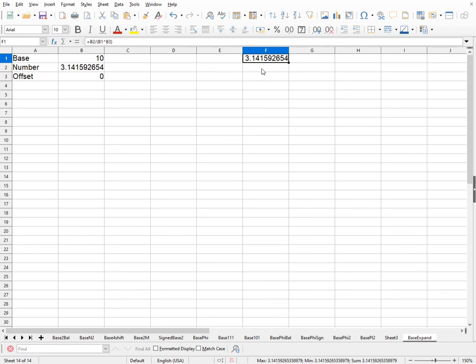So that basically didn't do anything. If I change this offset, it would account for the division by the base, though.